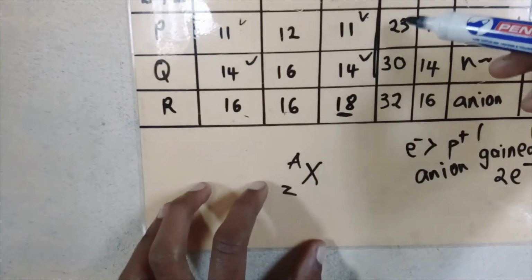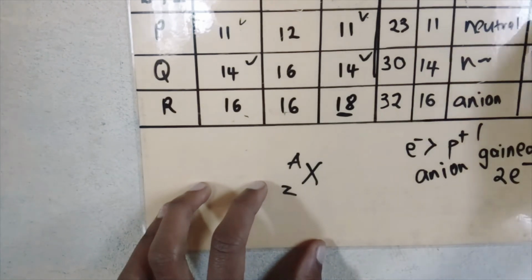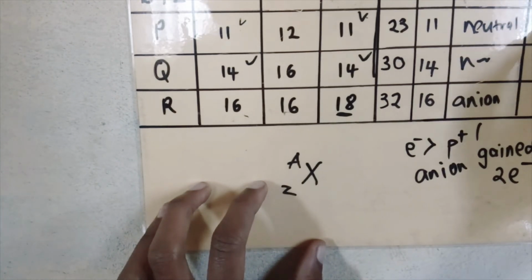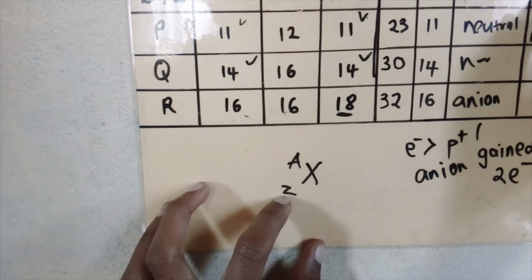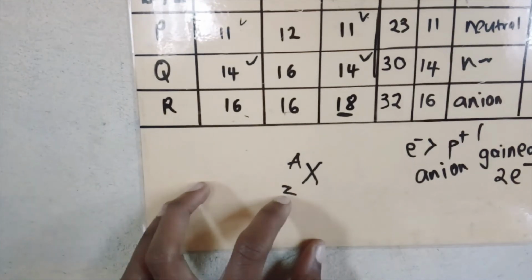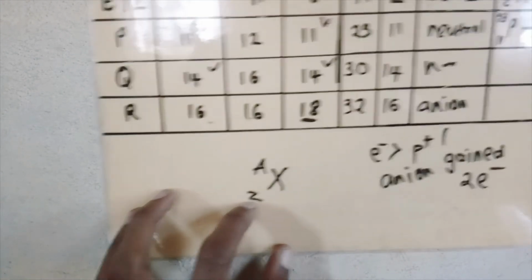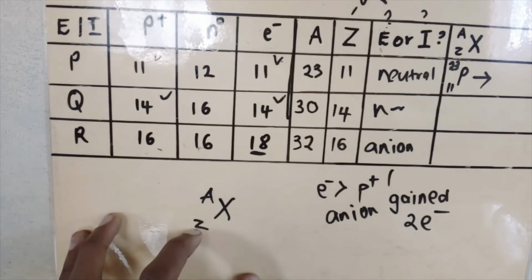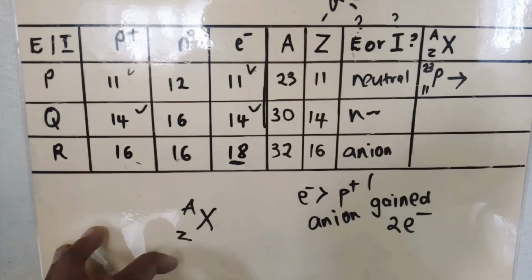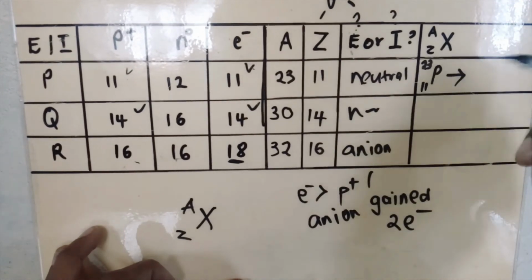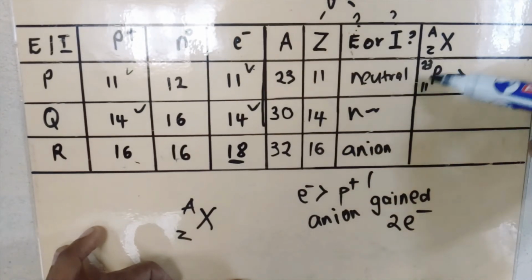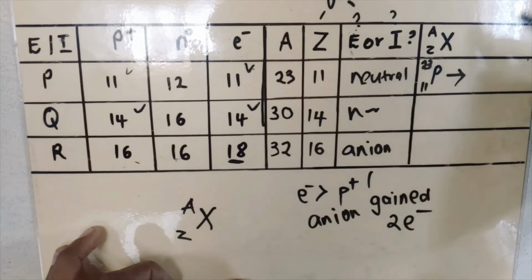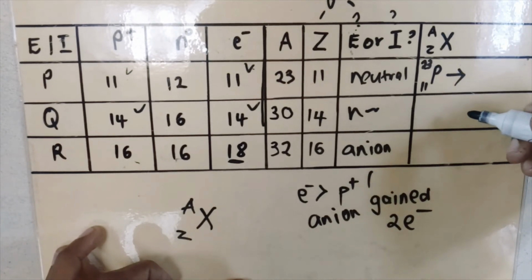So we have P, its atomic number Z is 11, its mass number A is 23. We haven't identified the atom yet, we'll do that shortly.